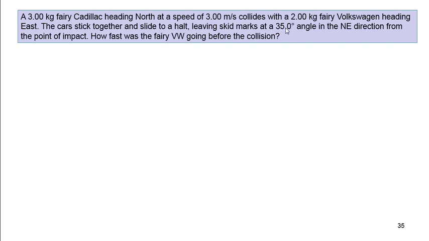So let's look at how we're going to set this up. I'm going to still have two events, an event right before the collision and an event right after the collision. Now I'm going to look at my total momentum initially in the y direction, because in the y direction I only have momentum from the Cadillac. That's going north.